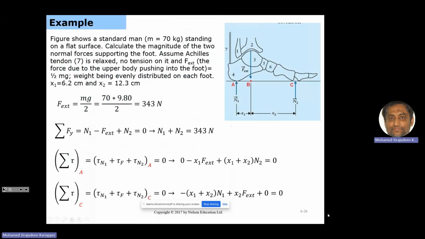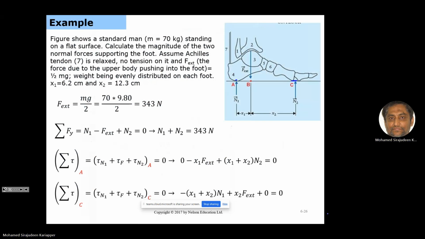Now we have a question that we can answer. A figure shows a standard man, 70 kilograms, standing on a flat surface. So one of his feet is shown here, and his heel is touching the ground, and his toes or whatever is touching the ground.